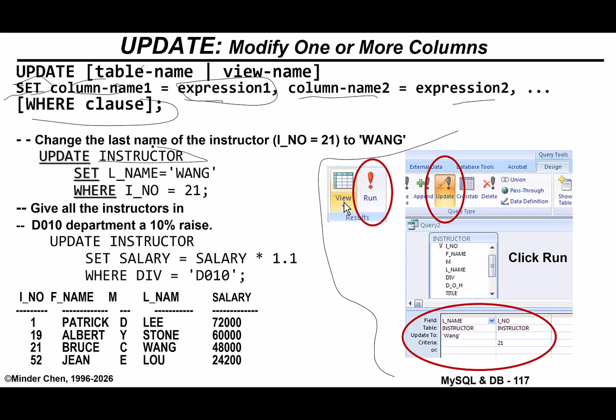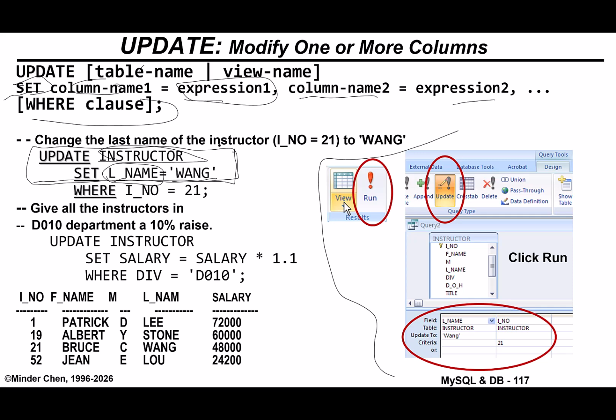We want to update the instructor table, and we want to change last name to Wayne. However, you probably don't want to change all the instructors' last names to Wayne. If you just stop here, you can write an update statement just like this. Then you're changing all the instructors' last names to Wayne.